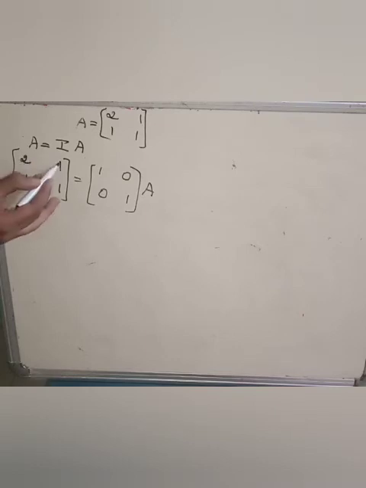After this, the third step is making this entry 0 and the fourth step is making this entry 1. Follow the same steps here.